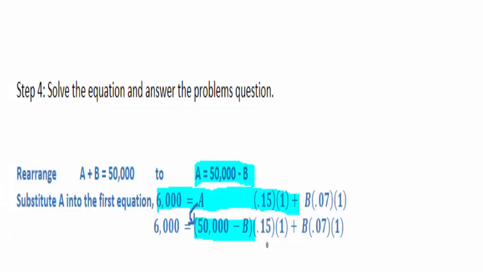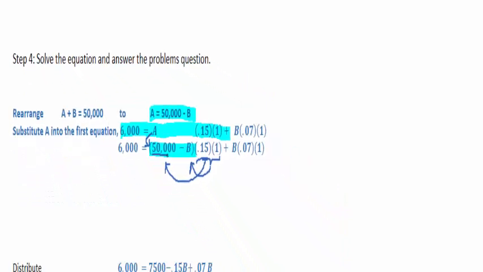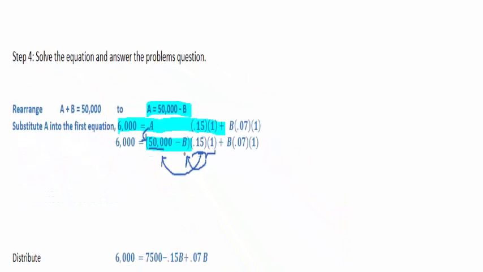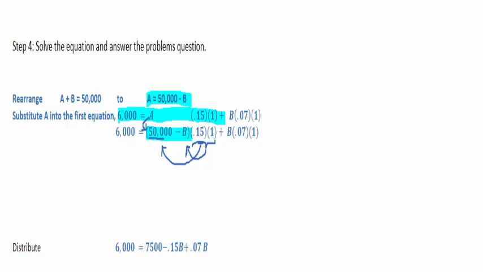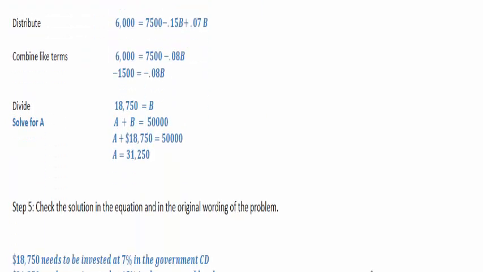We're doing 0.15 times 50,000, and 0.15 times B. So 0.15 times 50,000 is 7,500, and 0.15 times B is just 0.15 B. So that becomes 6,000 equals 7,500 minus 0.15 B, and then of course we had the 0.07 times 1 times B, and that we just cleaned up.